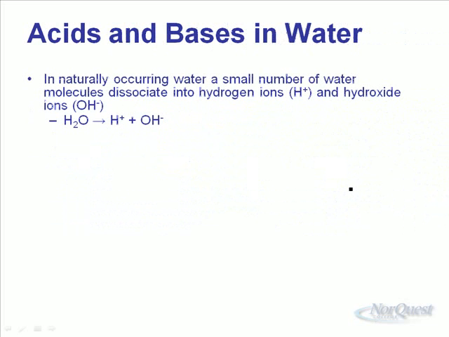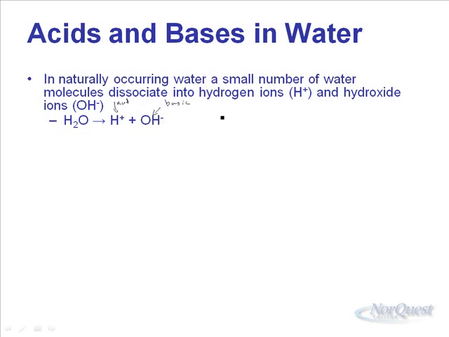When acids and bases are put in water, this is what makes acids act as acids and bases act as bases. When you just look at water, the occasional water molecule dissociates into hydrogen ions, and this is the stuff that makes things acidic, and hydroxide ions. This is the stuff that makes substances basic.